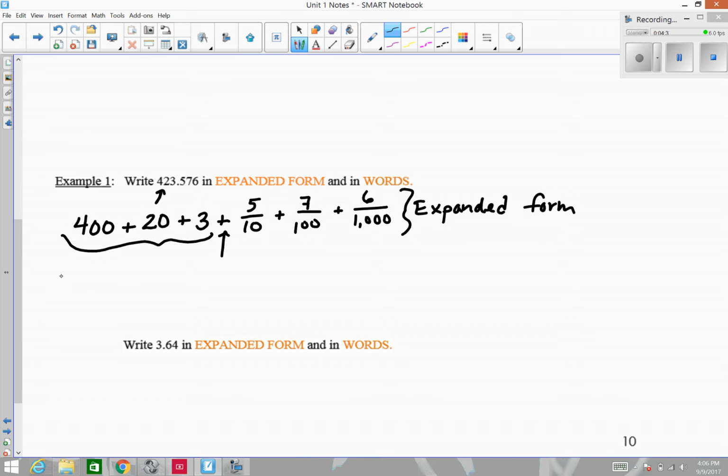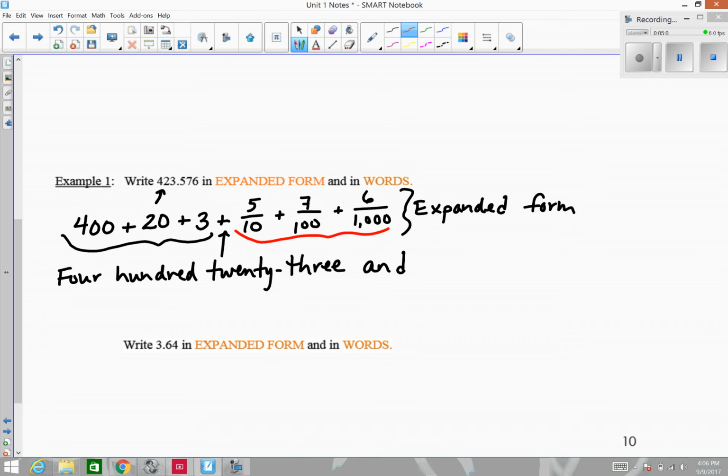So I would say 423. My decimal place gets replaced with the word and. And then I want to group these fractions. And when I say group, it means I want to add them together and then write them out as one set of words.